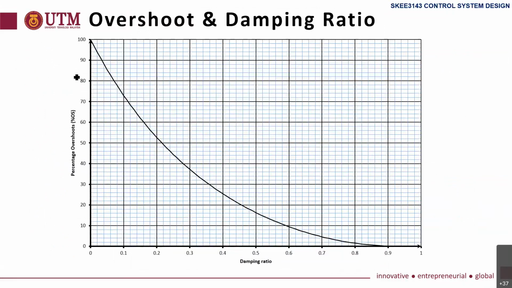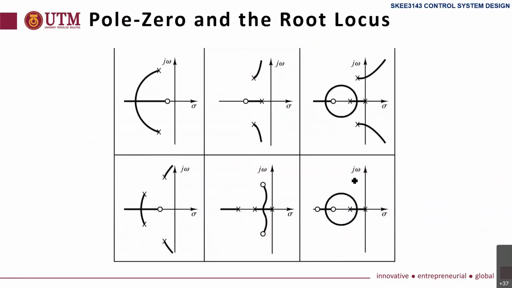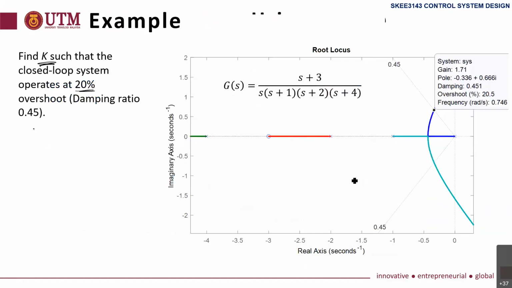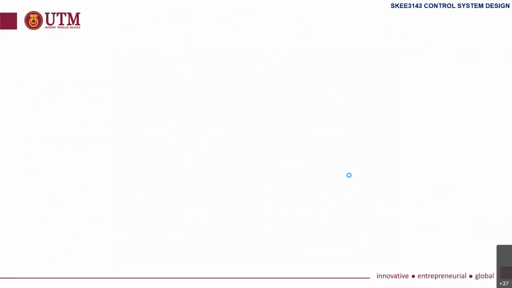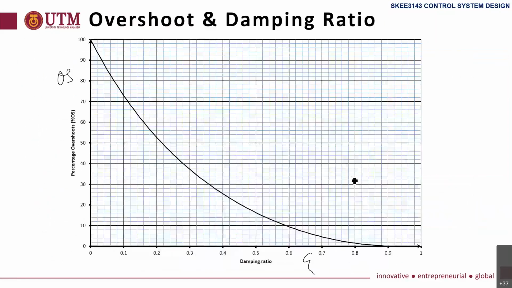This is a graph of overshoot and damping ratio. I'm sure you know this. We used it in the previous course. If we want 20% overshoot, 20% is here, and is here 0.4, 1, 2, 3, 4.